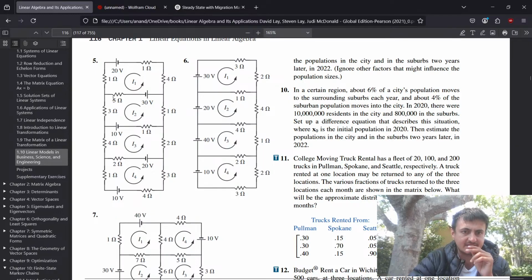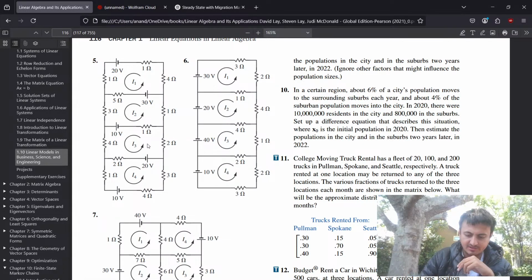Oh, but this is a minus. Okay, so I'm pretty sure that the second one, you're going to get 50 volts is equal to 11I1 minus 5I2.